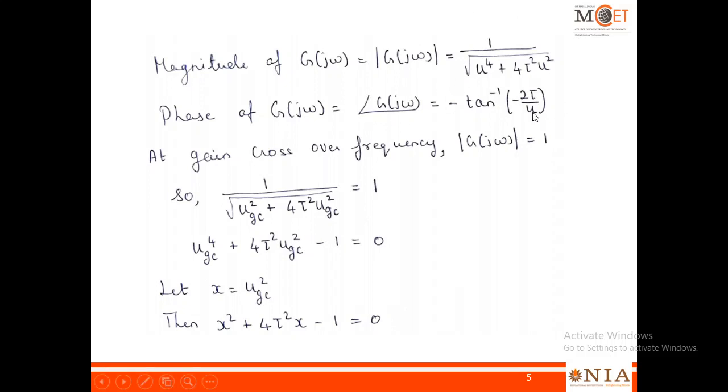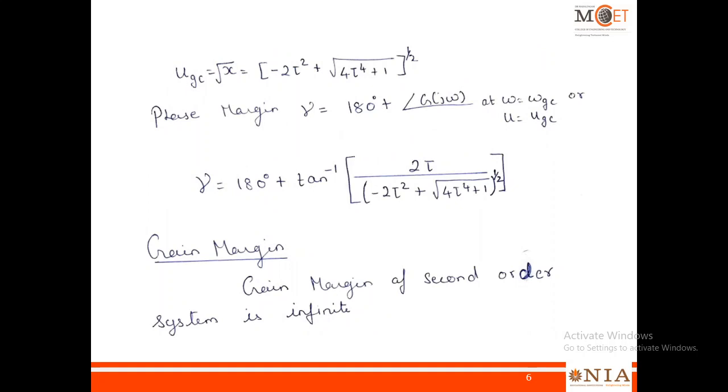When I do that, that frequency will be 0. When I substitute that frequency in the magnitude, I will get the magnitude as infinity. So Kg is equal to 1 by this magnitude, as per the definition. So 1 by infinity, you will again get infinity. That's how you got the gain margin as infinity.